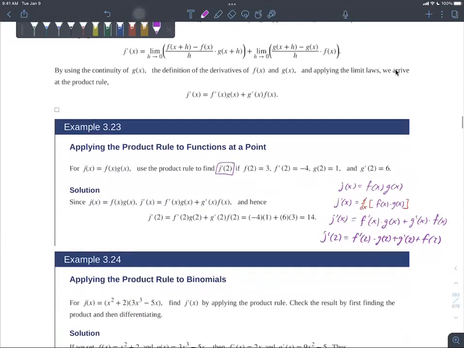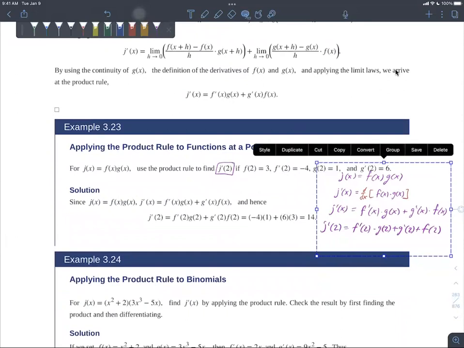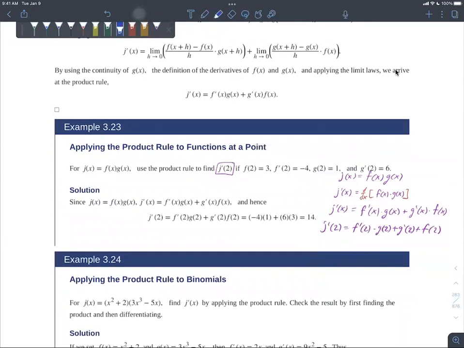And now for this problem here, we were given what these values are. I can highlight them above: f of 2 we know, f prime of 2 we know, g of 2, and g prime of 2. So we can just plug in. f prime of 2 is the first one, that is -4, times g of 2, which is 1, plus g prime of 2, which is 6, and f of 2, which is 3.